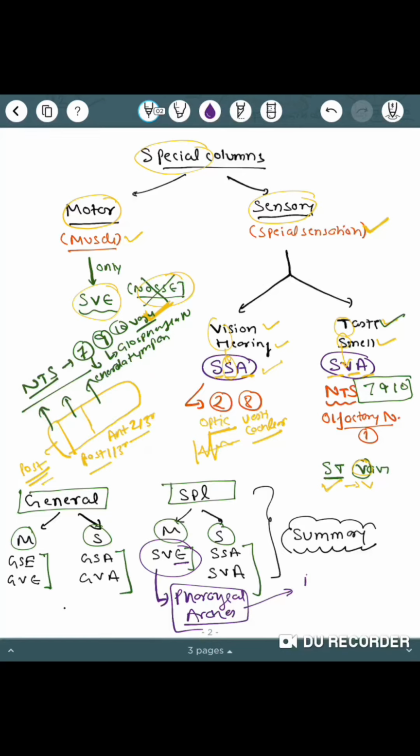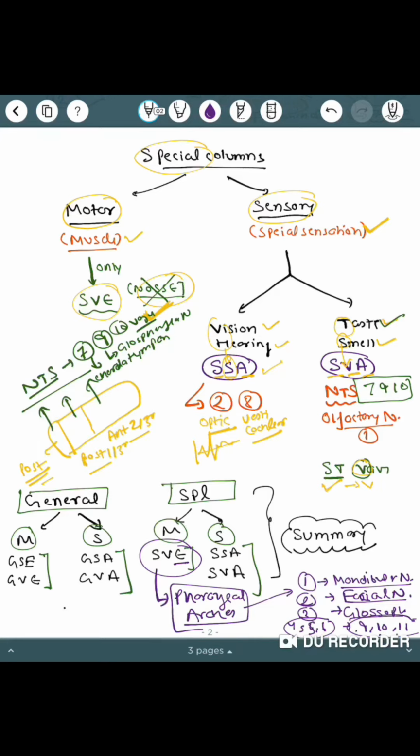So we know that the first pharyngeal arch is supplied by the mandibular nerve, the second pharyngeal arch by the facial nerve, the third pharyngeal arch by the glossopharyngeal nerve, and the 4, 5, 6, the rest 3, by the 9, 10, 11 nerves. So the nerves which come under this SVE are the mandibular nerve, that is the 5th cranial nerve, the facial nerve, that is 7, the glossopharyngeal, that is 9, and for the 4, 5, 6 arches, 9, 10, 11: glossopharyngeal, vagus and spinal accessory nerve.